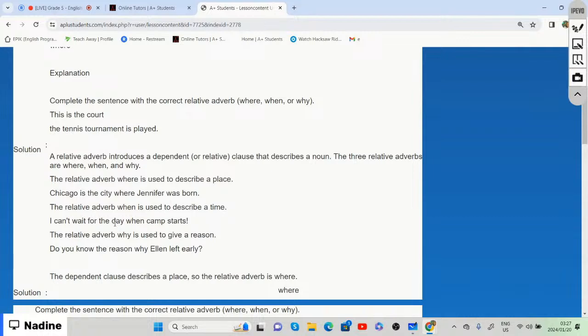And we said that the relative adverb where is used to describe a place. It's like asking yourself, oh, where is that? And they're like, no, it is there. But this one describes a place. The relative adverb when is used to describe a time. It's like, when are you going?